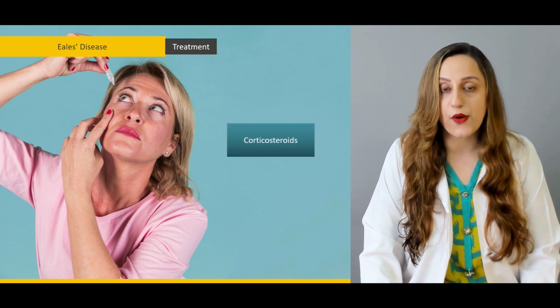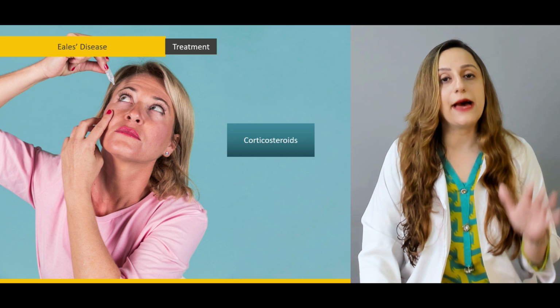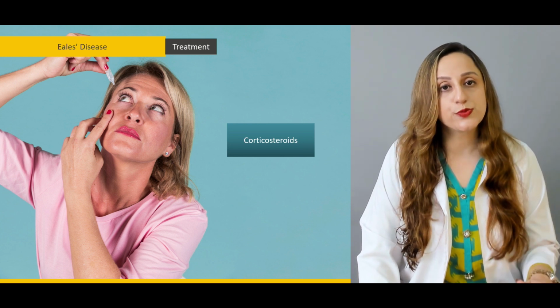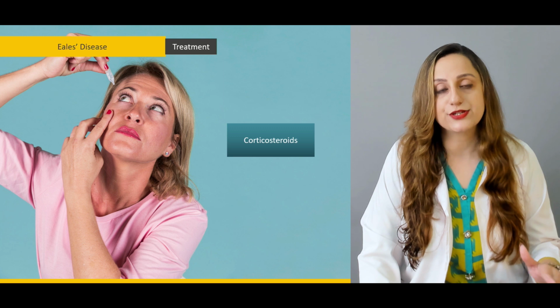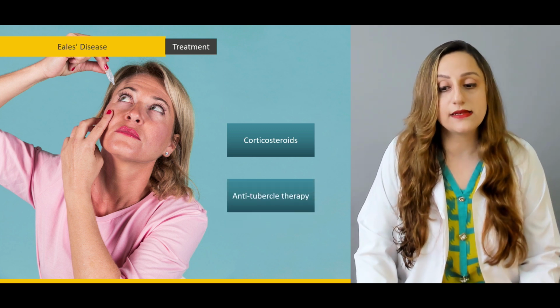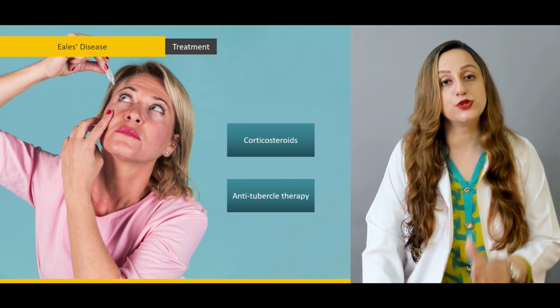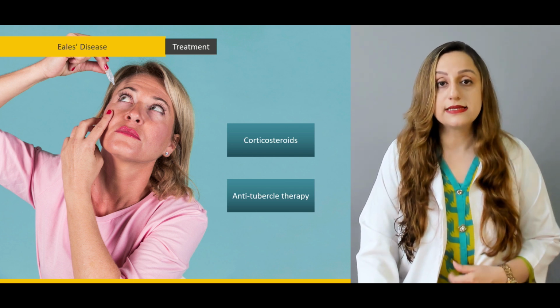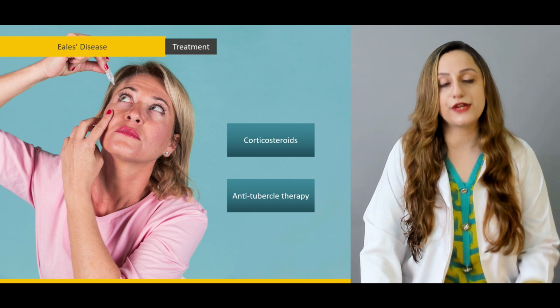The treatment that is usually given in these patients of Eales disease is corticosteroids that would basically hamper the autoimmune process or the hypersensitivity reaction if it is occurring to any tubercular proteins. And then finally, we have the anti-tubercular therapy that is given to a lot of individuals.